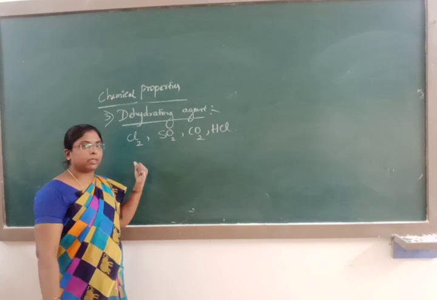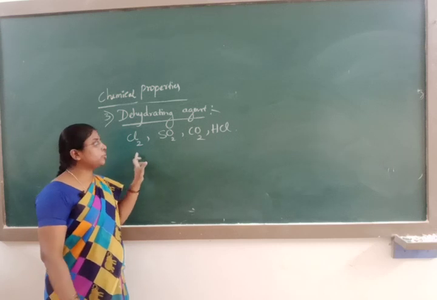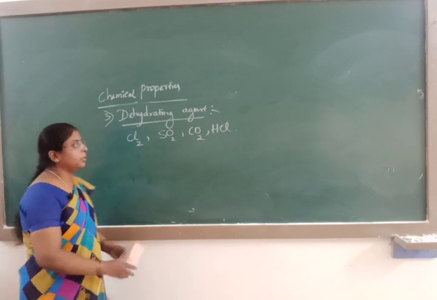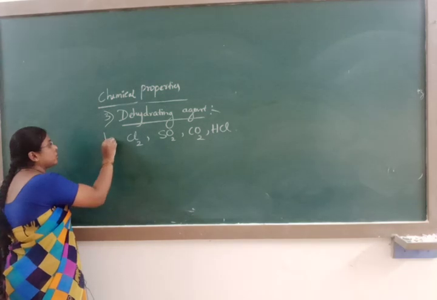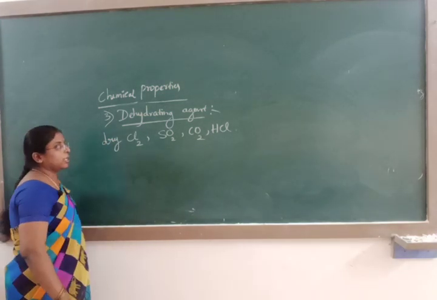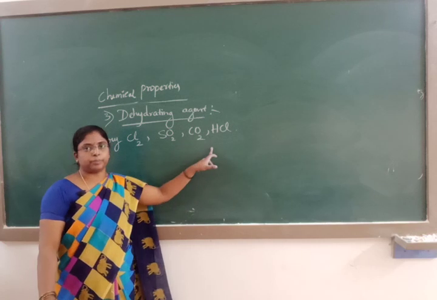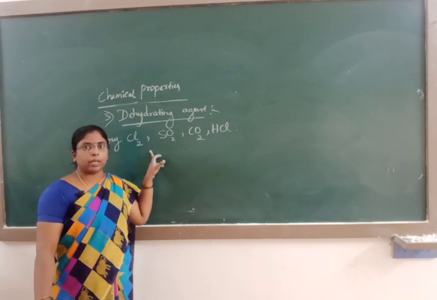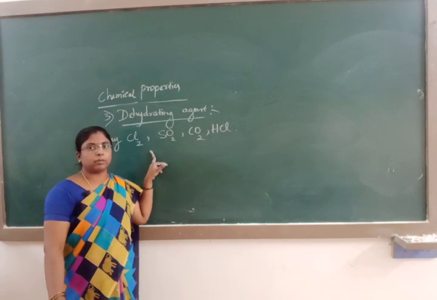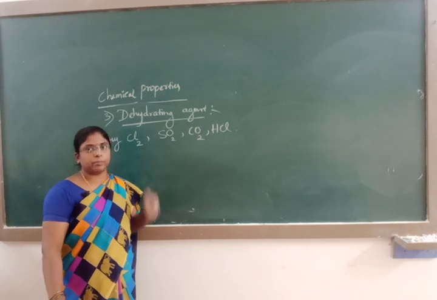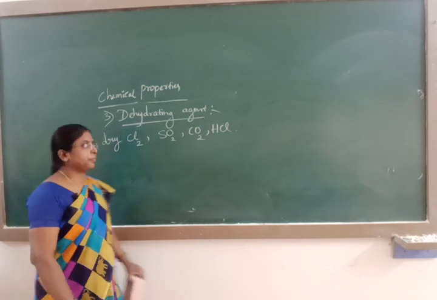Concentrated sulfuric acid absorbs the moisture. In this way we can prepare dry chlorine, dry sulfur dioxide, dry carbon dioxide and dry HCl. Since these gases do not react with concentrated sulfuric acid, they can be dried easily.